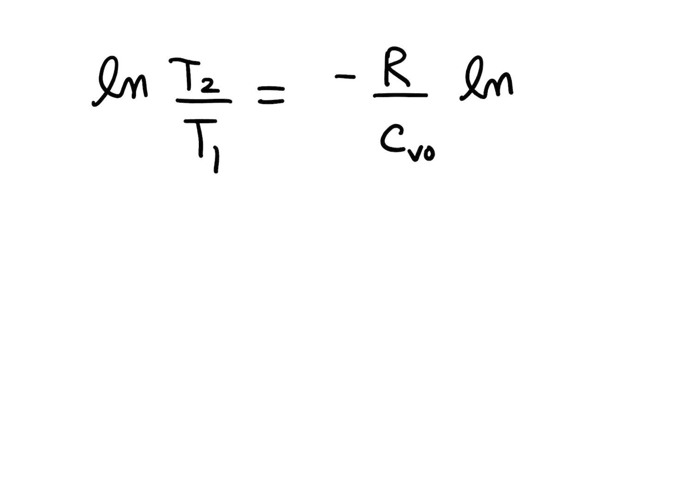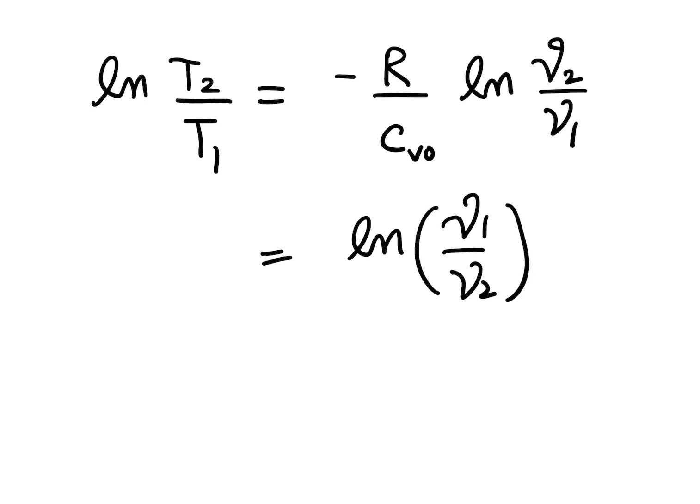So this is natural log of T2 over T1 equals minus R over Cv naught natural log of nu2 over nu1, which is log of nu1 over nu2 divided by Cv naught divided by R.